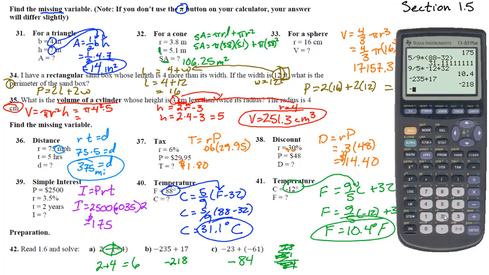And notice this, negative 23 plus negative 61. And yeah, it's a negative 84. It also would have been the same thing as negative 23 minus, with the subtraction button, 61. So whether you do plus the negative button or the subtract button, it is the exact same. Negative 23 minus 61, and you'll get negative 84 either way.